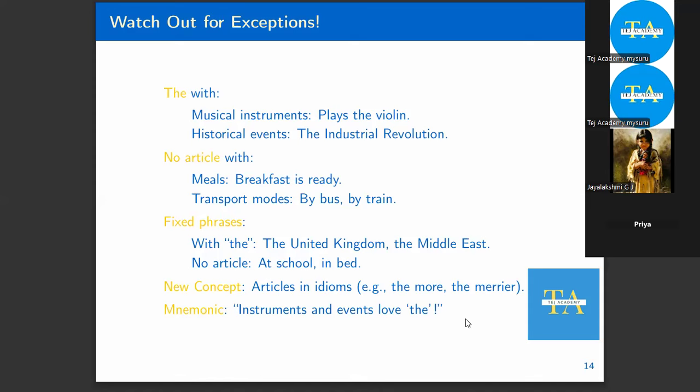And no article with at school, in bed. Here again, there's no need of adding an article when we are speaking about a location like school, or in bed. We can say I'm in bed. If you say I'm in the bed, it will be something like you're literally inside the bed. But if you say room, you can say I'm in the room. Here it works with the.